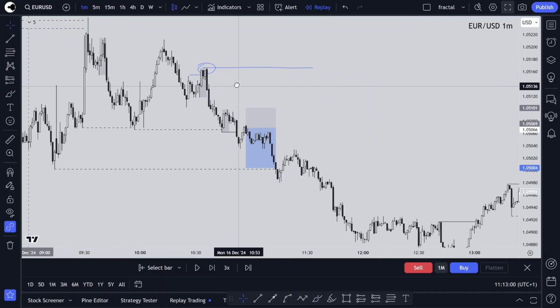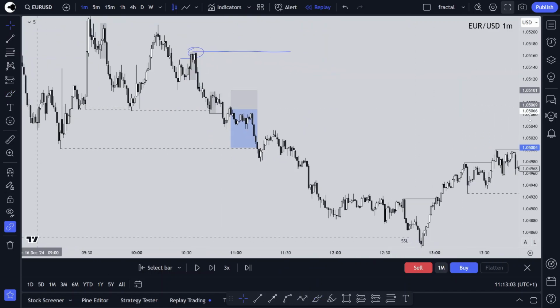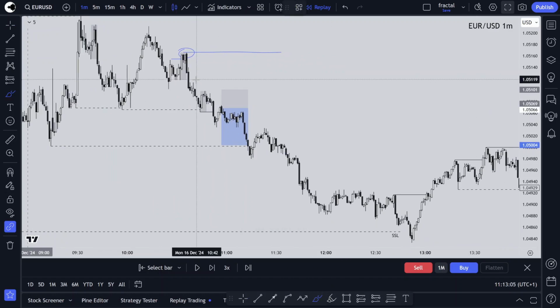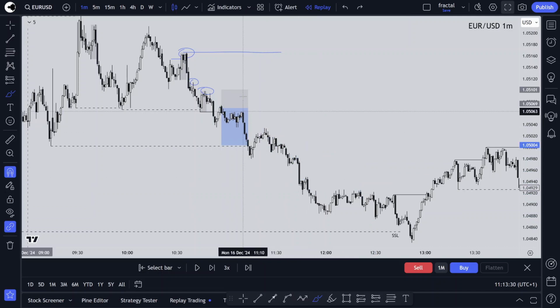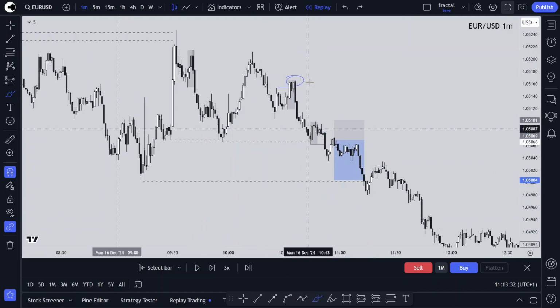But after this, price created a lower high, for example, here, okay, and price didn't take any of this high, okay, so I prefer to see something like, I don't know, maybe this before going down again. Okay, this was the best scenario for me, but this didn't happen because price continued to the downside.